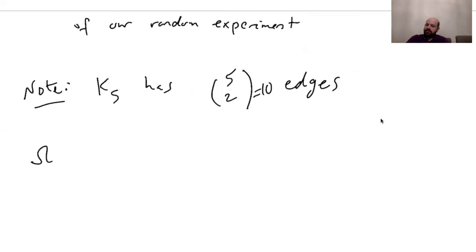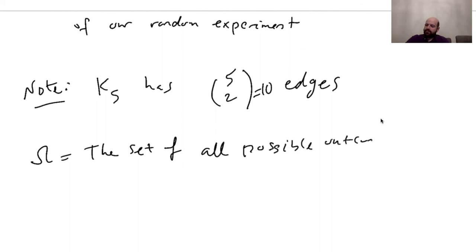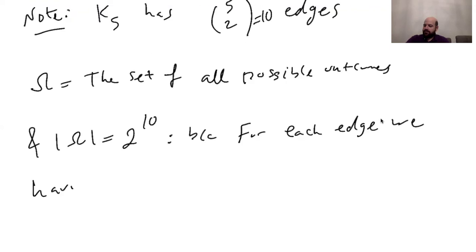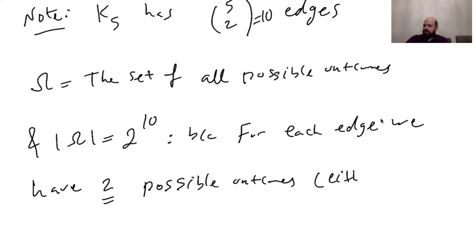So omega is equal to the set of all possible outcomes, and the number of elements of omega is 2 to the power 10, because for each edge we have 2 possible outcomes, either red or blue.